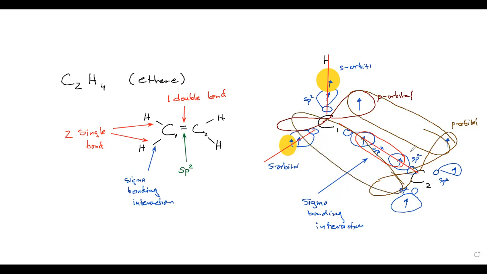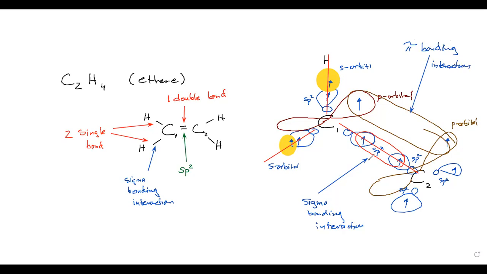Let me erase the bottom one. I just want to make sure you understand that the bottom lobe of the p orbital will also overlap in a side-by-side manner. Remember, if they overlap in a side-by-side manner, this interaction is what we call a pi bonding interaction. And that's what makes the double bond.